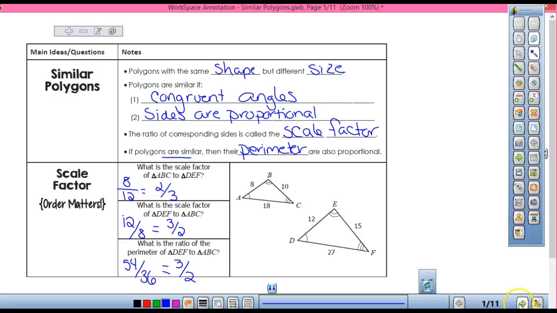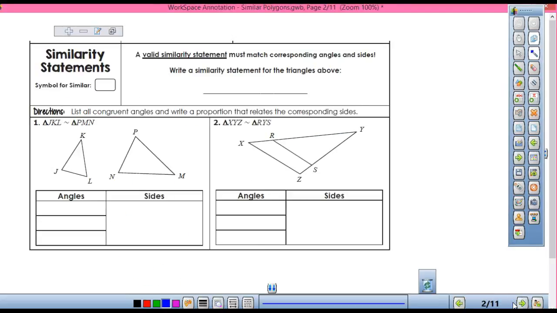Okay, let's talk a little bit about similarity statements. The symbol for similarity is we take out that equal sign and we just make that squiggly line. So similarity statement, when they're asking for that, you're looking at the triangles above, that picture above.